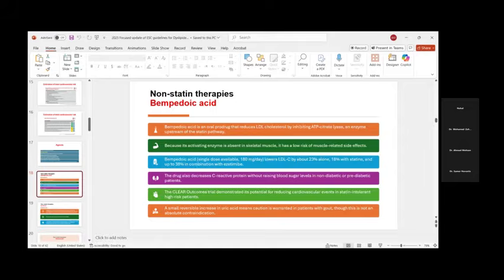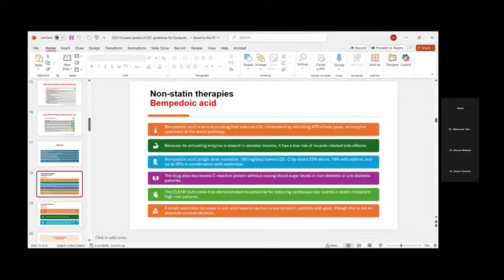Bempedoic acid is available as a single dose of 180 milligrams daily and lowers the LDL cholesterol by about 23% alone, 18% with statins, and up to 38% in combination with ezetimibe.